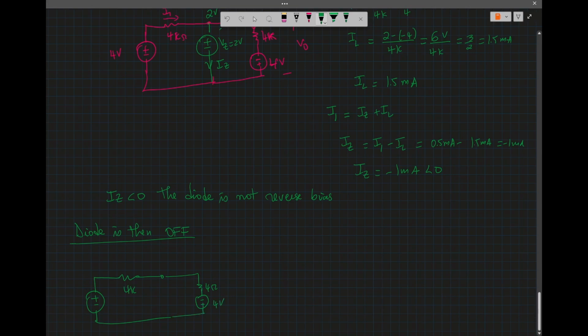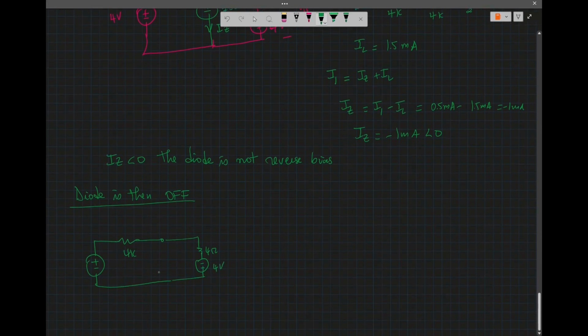This is 4 volt. So in this case, so I1 equal to I load, and then what is that equal to? Right, this is I load, so this is 4 volt.